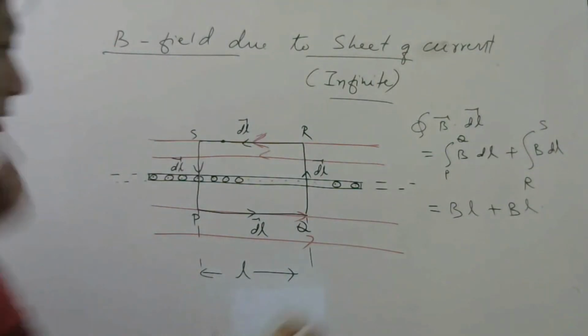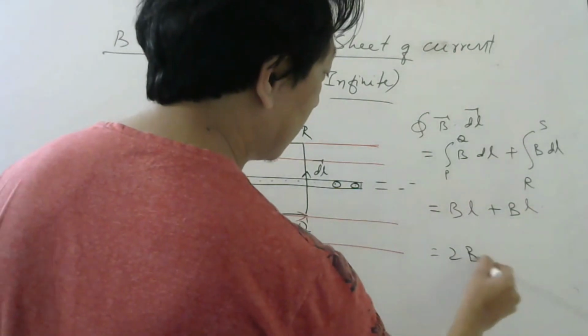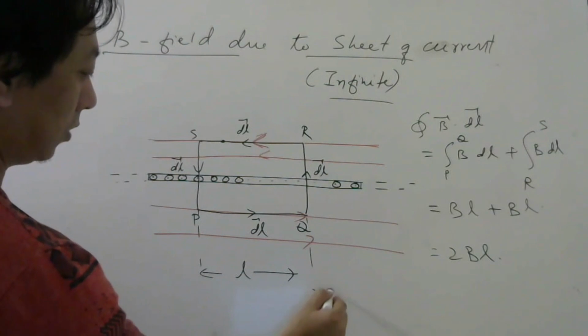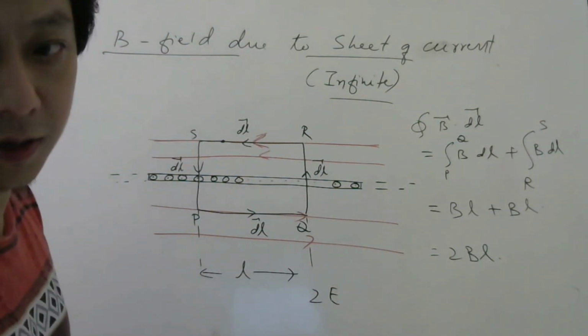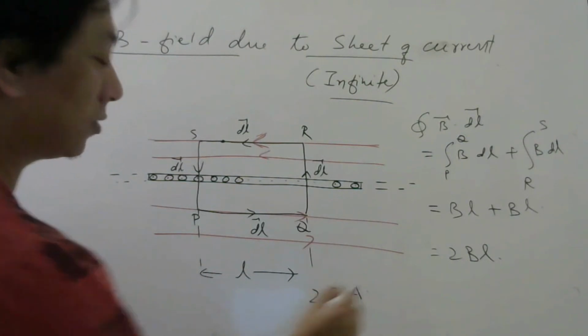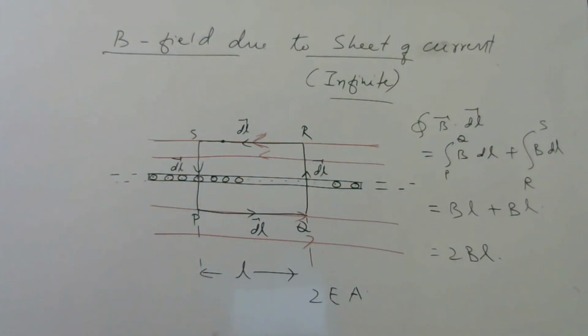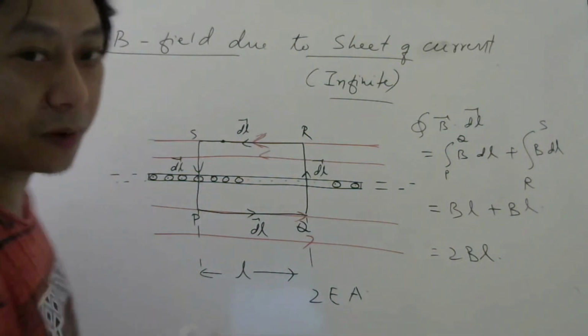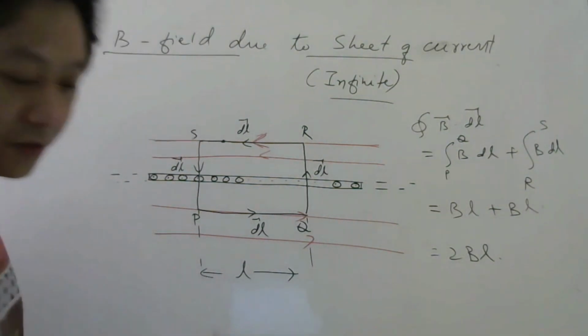So this will give me 2BL. Just like, if you remember, we used to get 2E A, because there we were integrating on a surface in Gauss law, when we applied it for a sheet of charge.